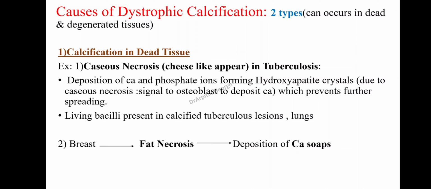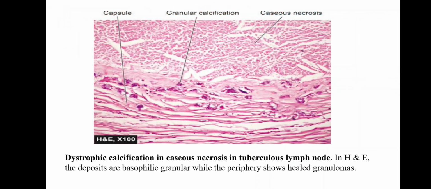Here also, after fat necrosis, calcium salts accumulate. So dystrophic calcification is divided into 2. You can see dystrophic calcification in dead tissue. In dead tissue, which examples can you quote? Calcification in caseous necrosis in a TB patient, and again in fat necrosis in the breast. There also, accumulation of calcium salts will be there.